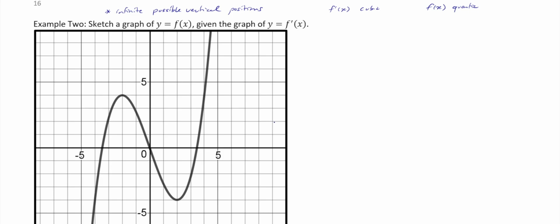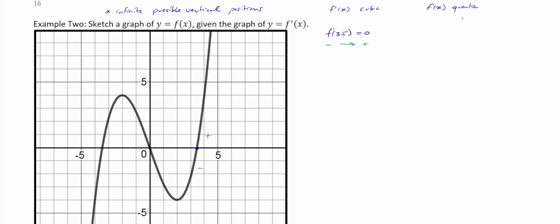Okay, a few things that we note. F at 3.5 right here. Okay, so f prime at 3.5 is equal to 0, and we can see that it's going from negative to positive.